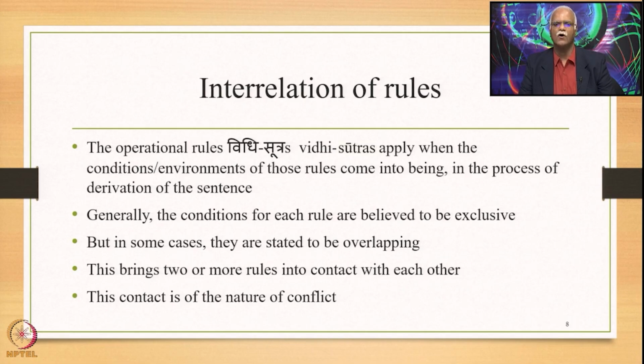This brings two or more rules into contact with each other. This contact is primarily of the nature of conflict because both the sutras have an overlapping scope of application. This is how in hal sandhi rules get interrelated. Interrelation of rules is a very important feature also of hal sandhi.